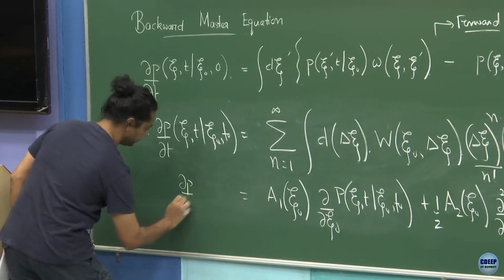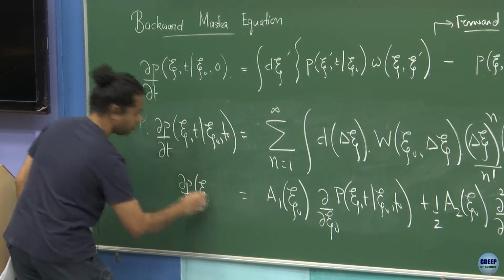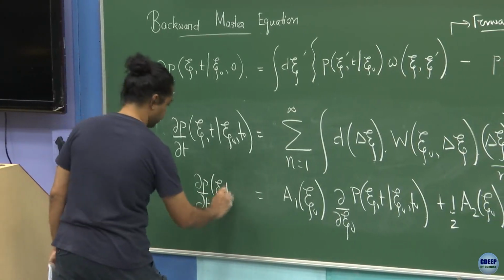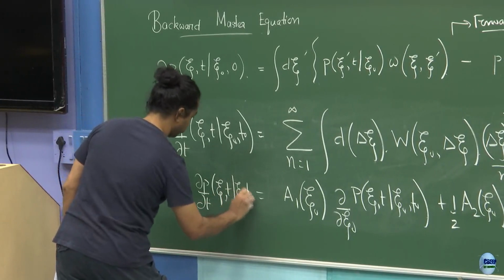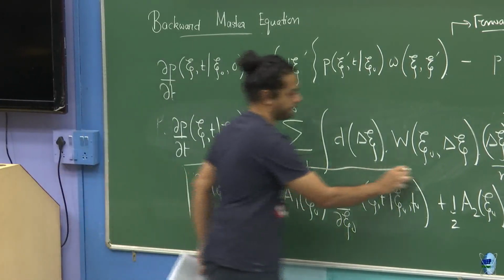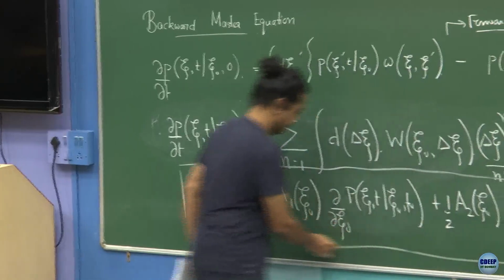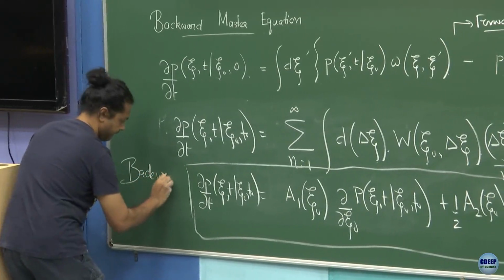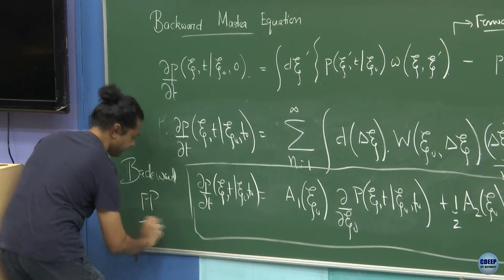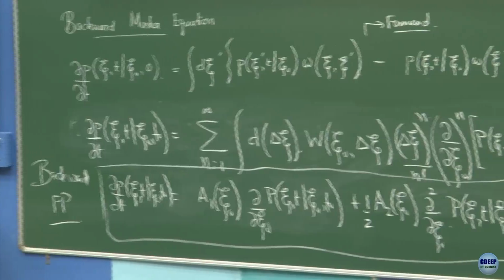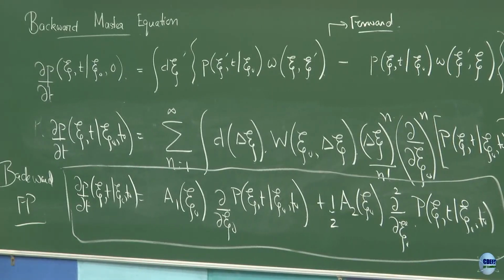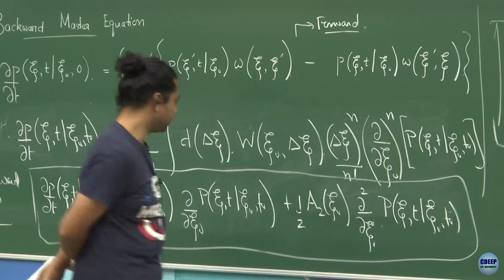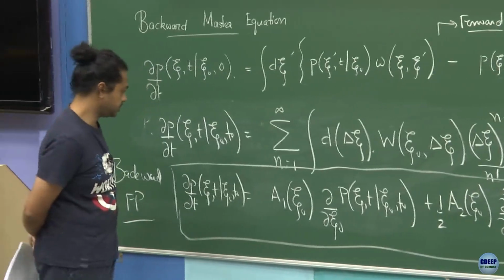So ∂P/∂t of ξ, t from ξ₀, t₀. This is my backward FP. Now, one of the advantages, if you remember the forward Fokker-Planck, it had a very similar structure, of course.